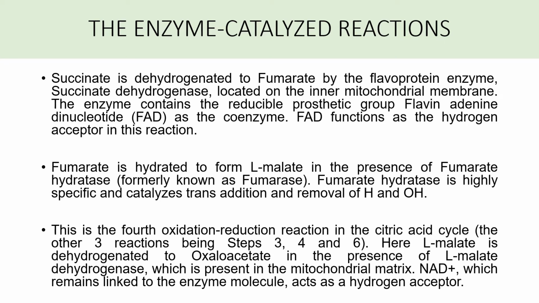This is the fourth oxidation-reduction reaction in the citric acid cycle, the other three being steps number 3, 4 and 6. Here L-malate is dehydrogenated to oxaloacetate in the presence of L-malate dehydrogenase, which is present in the mitochondrial matrix. NAD+, which remains linked to the enzyme molecule, acts as a hydrogen acceptor.